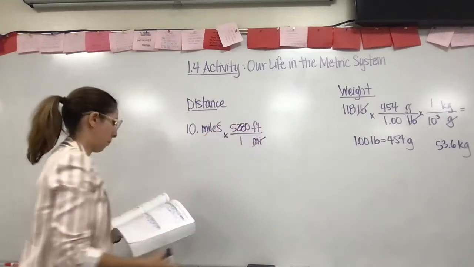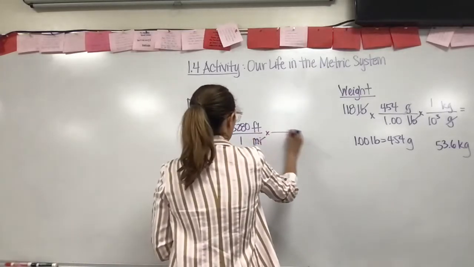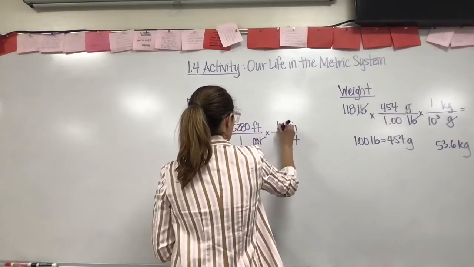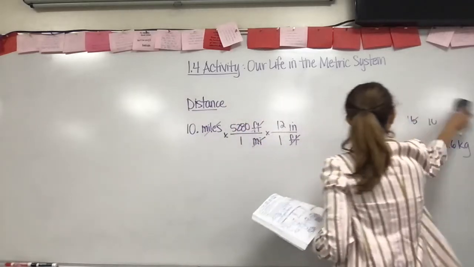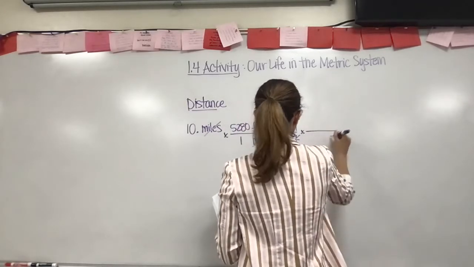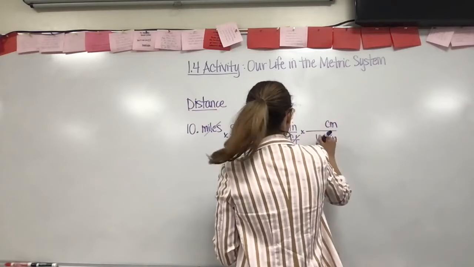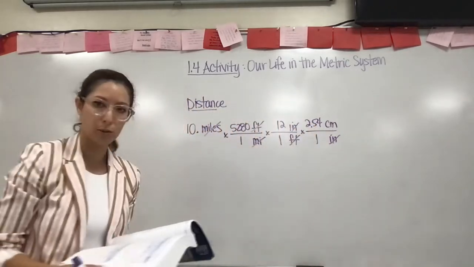You know this from a previous problem that is in the book. And then I would convert my feet to inches. There are 12 inches in a foot. And then I'm going to convert to centimeters using 1 inch is 2.54 centimeters from previous problems.